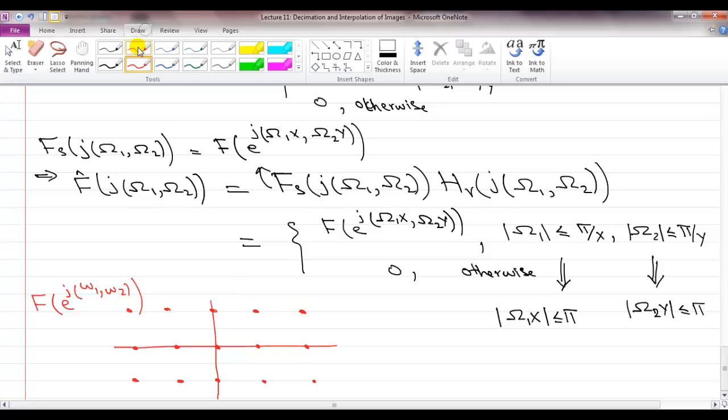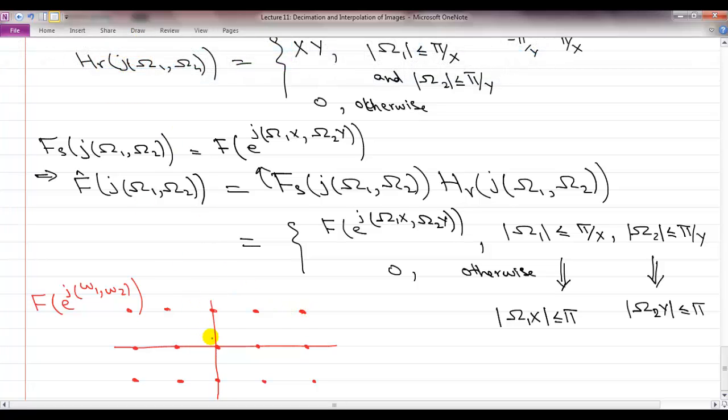And the Fourier transform, let's say, looks like this. Now I'm just changing the figure that I was drawing earlier. This means the support of the Fourier transform, so there is something rising above it that I'm not showing.